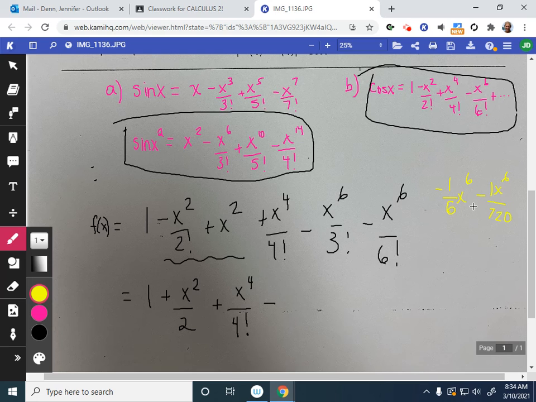I don't know that this is a calculator question, since it's question number 6, so it's actually not. But I don't care. I'm going to use my calculator right now because I feel like it. And I get negative 121 over 720.